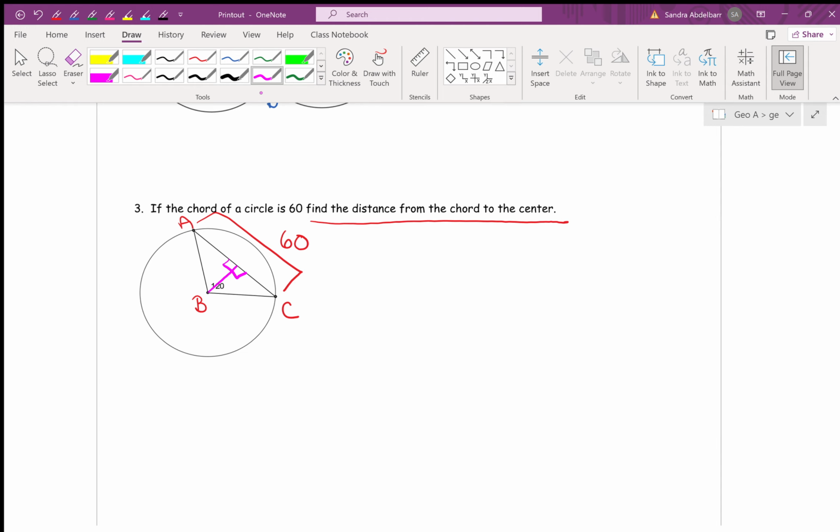And when I draw this perpendicular, what happens to that 60? It gets split into 30 and 30. And what's the relationship between these two triangles? What's the relationship between the two triangles that I just created? They are what?